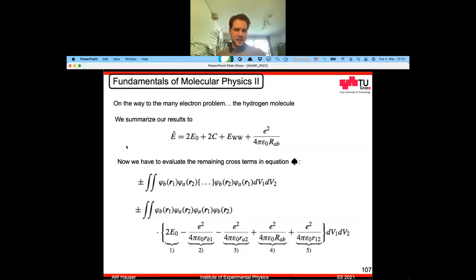Or maybe I can explain this in a better way. Yeah, so I would see it this way. So phi A and phi B are only different in the sense that they belong to different nuclei, but they are the same type of wave function because it is the same element, right?